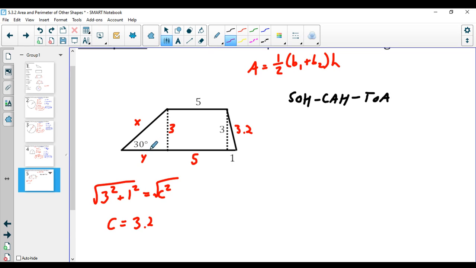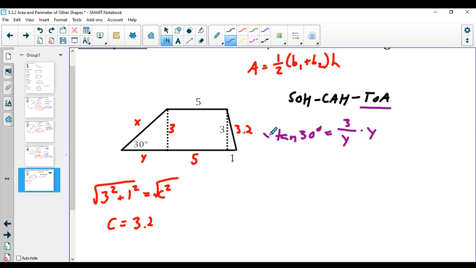And here, we have this angle. Let's say I'm looking for y first. This 3 is opposite, and this y is adjacent. So which one has opposite and adjacent? Tangent does. So tangent of the angle, 30 degrees, equals opposite, which is 3, over adjacent, the side next to the 30 degrees, is y.